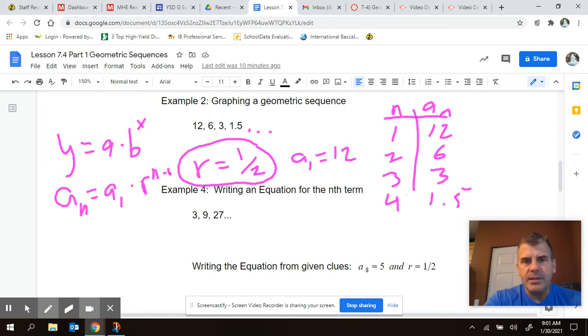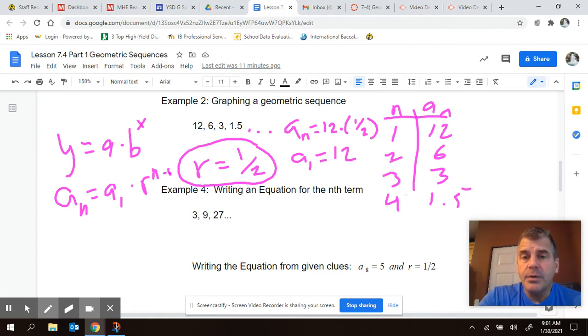So how would we write this first example from what we did in example 2? It would actually go, well, a sub n, the nth term, is going to be found by taking the first term. In this case, it's 12 times that common ratio, which is 1/2. So I would use parentheses here. Anytime you have two numbers next to each other, just using the dot sometimes will lead to issues.